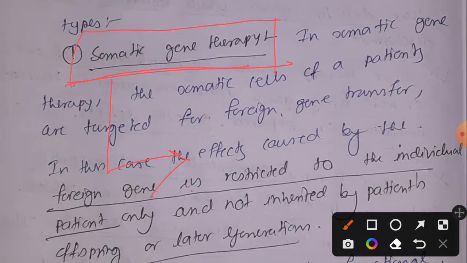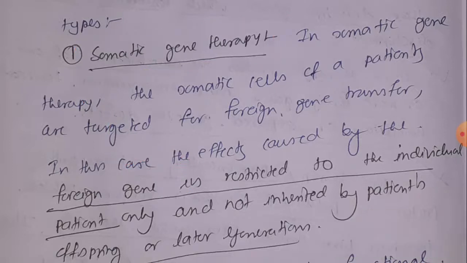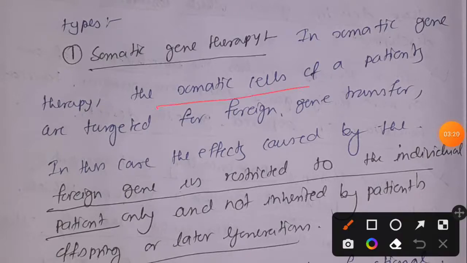So again, somatic gene therapy. In that kind of gene therapy, the gene of interest which has the ability to encode therapeutic protein is transported into a somatic cell. I have written here that in somatic gene therapy the somatic cells of a patient are targeted for foreign gene transfer.